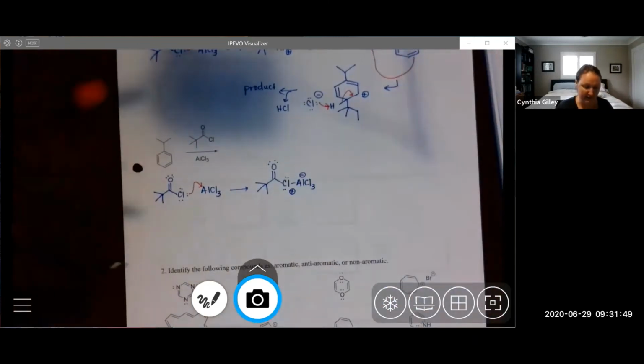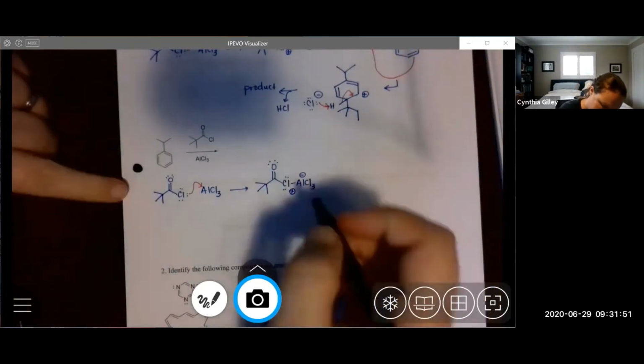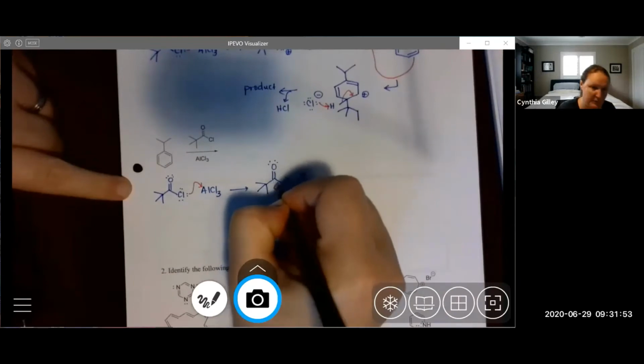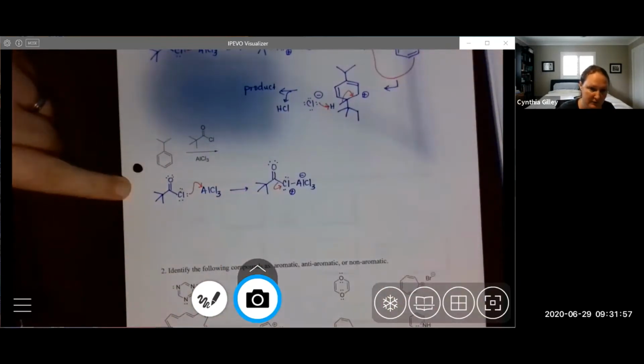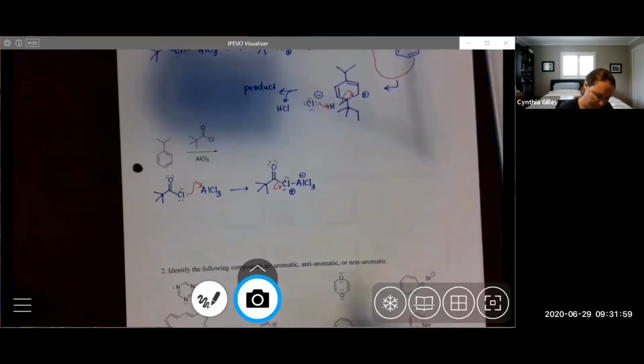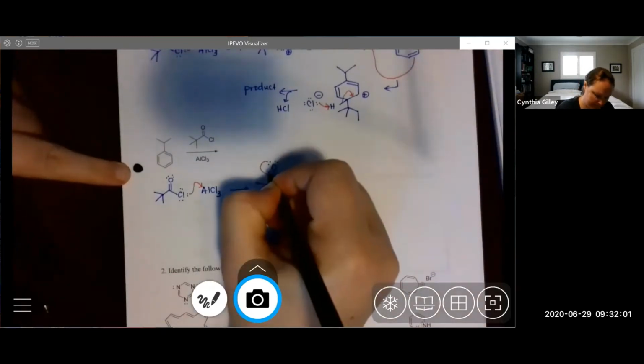Because it has a great leaving group, it's optional to draw the additional arrow from the oxygen, but I'll go ahead and draw that.